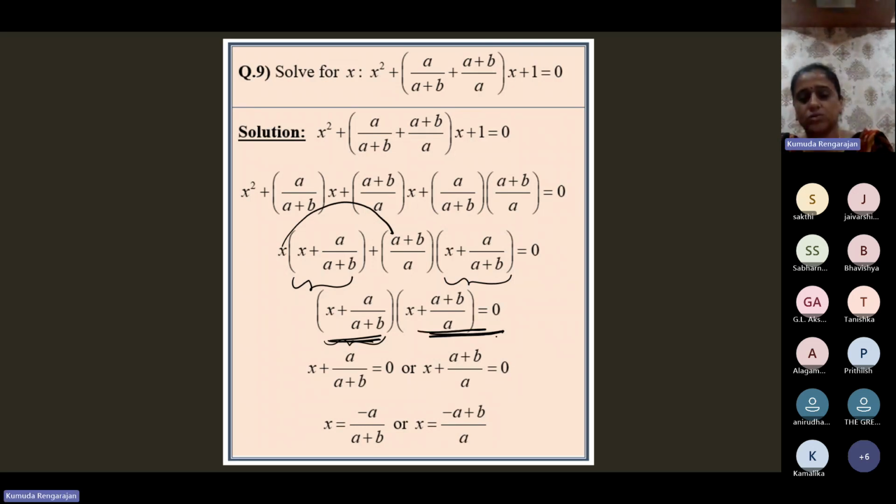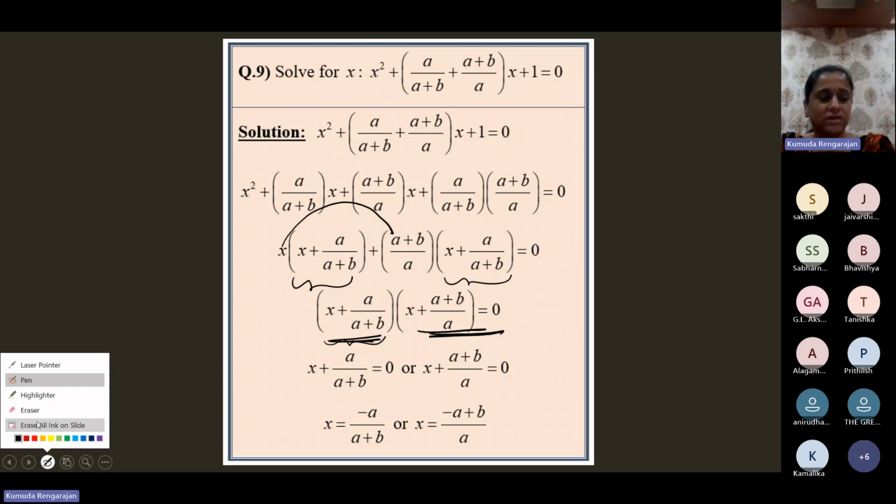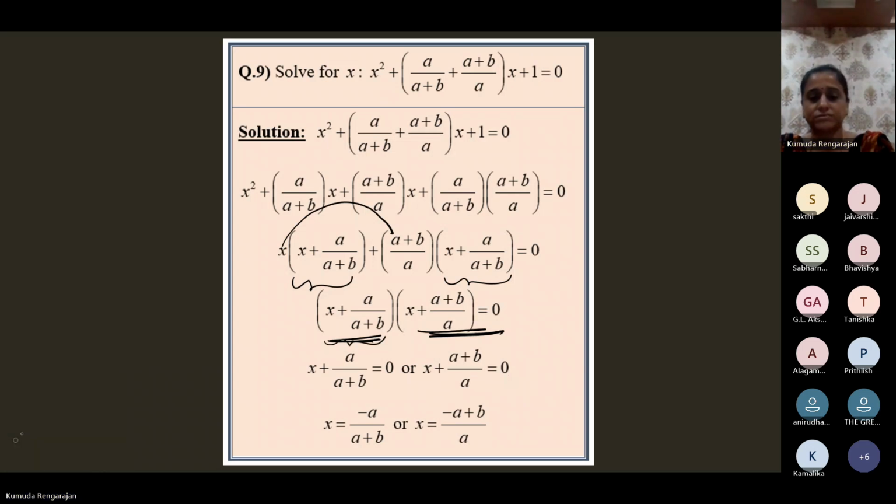When this one is 0, we have x plus a plus b by a is 0, or x is equal to minus. This minus is like this, children. It's not like it goes to the other side for only one term; it's minus for the whole thing.